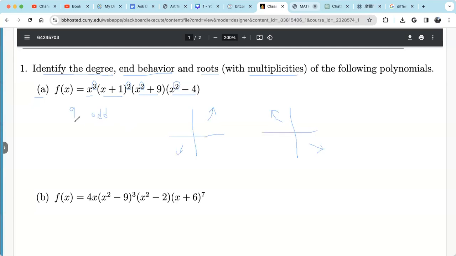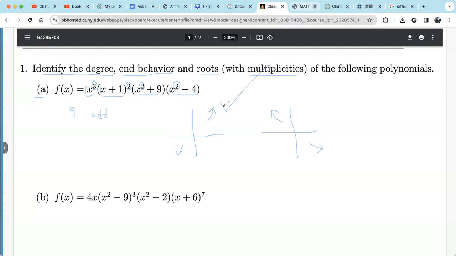Okay, so we know it's odd degree. Now, what about the leading coefficient? In each of these four factors, the leading coefficient is 1. 1 times 1 times 1 times 1, still 1. So positive, so this one.